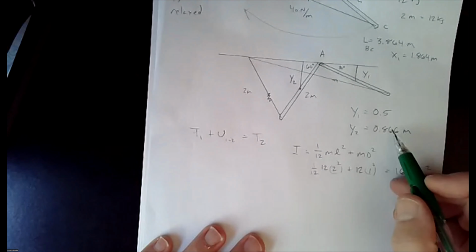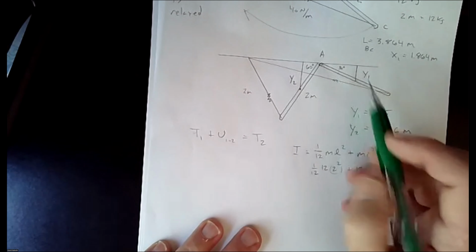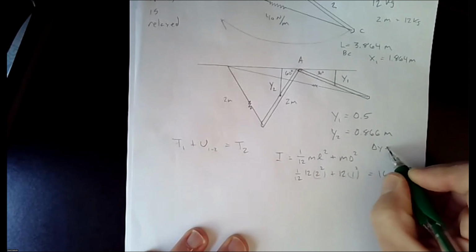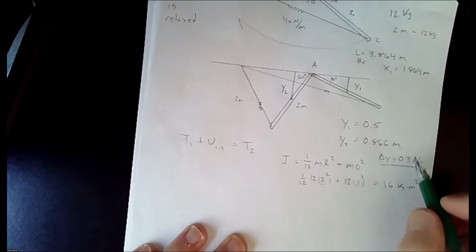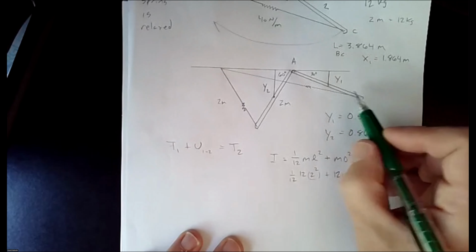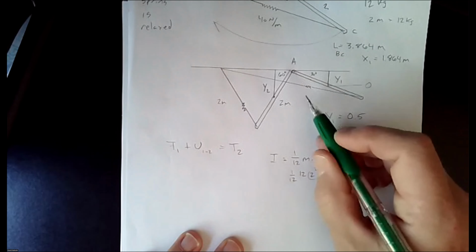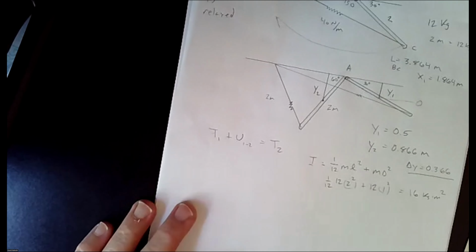And so if we look at, like I said, our delta y here, the distance this falls is delta y, which is 0.366. So we could make this point here our datum, and then we only have to worry about that. Okay. So if we set up our energy equation, what do we have?